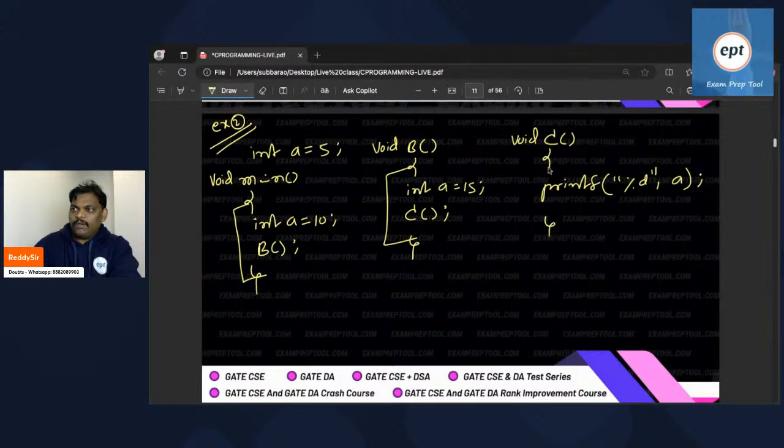Now everyone try. What is the output of this program? I want an answer from everyone. Please let me know what is the output of this program. This is the second program.